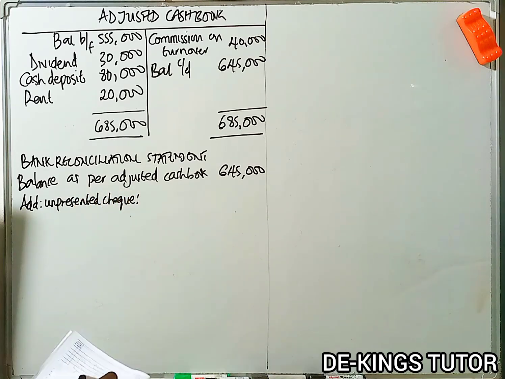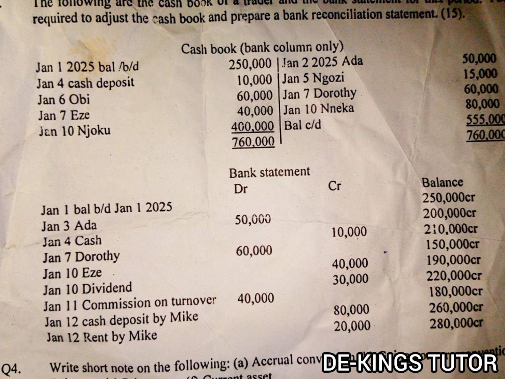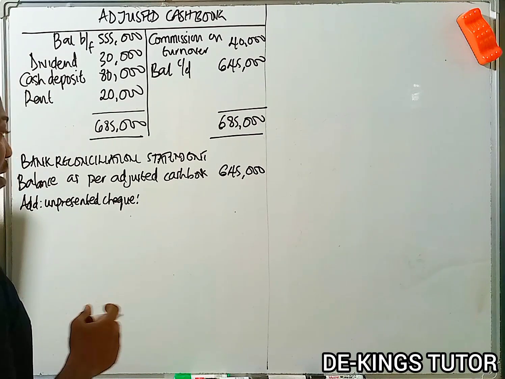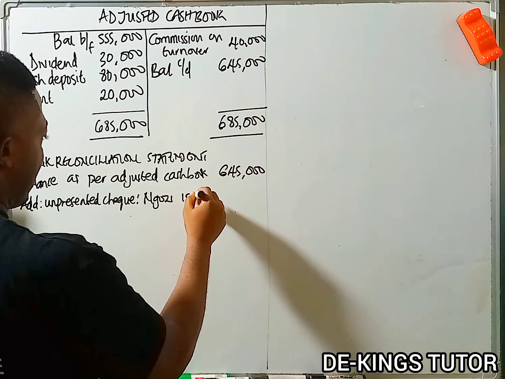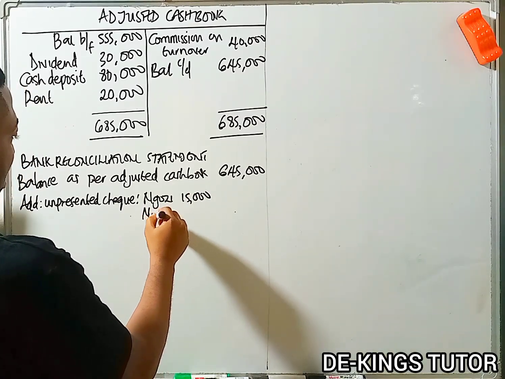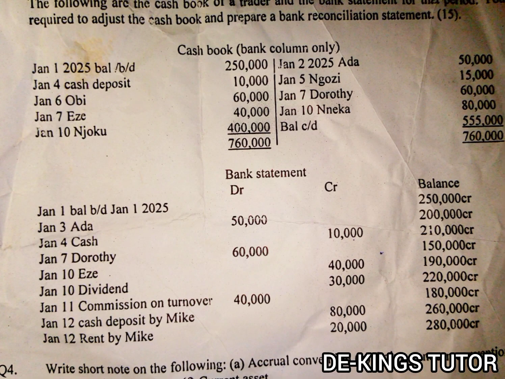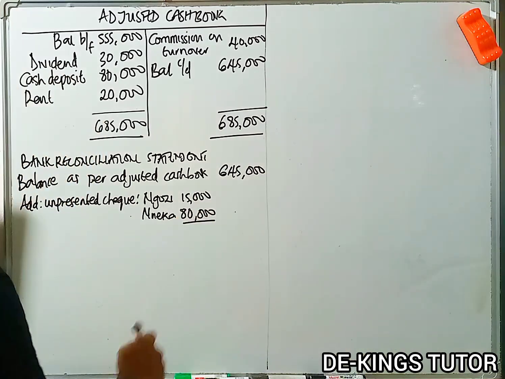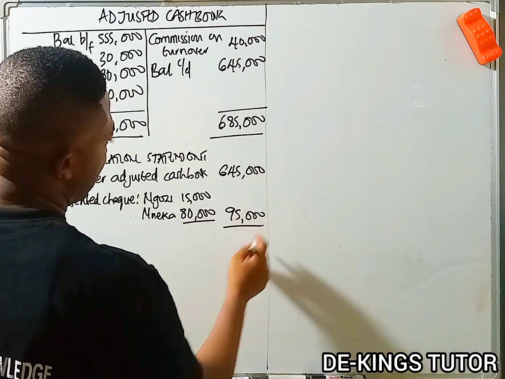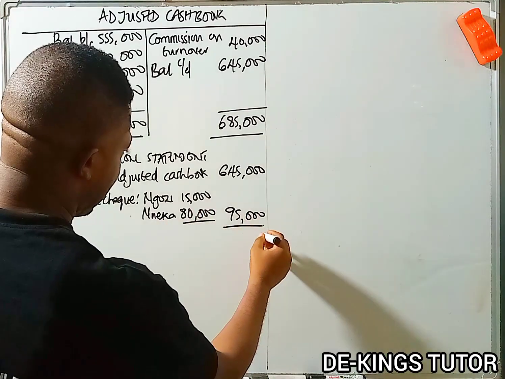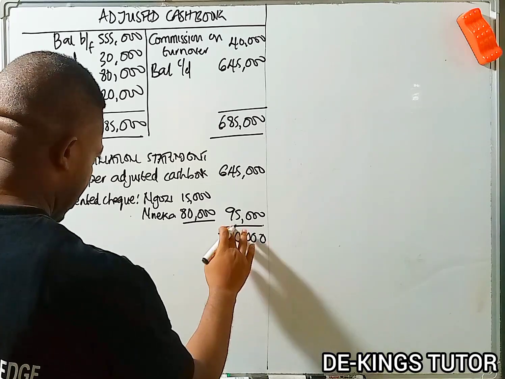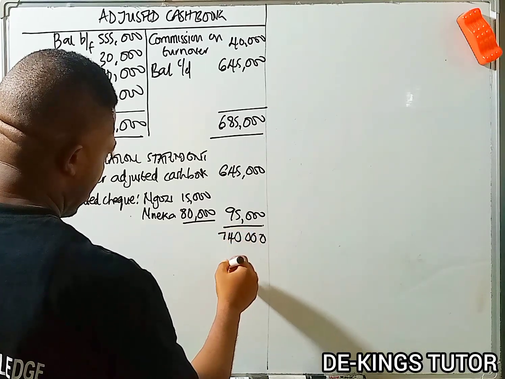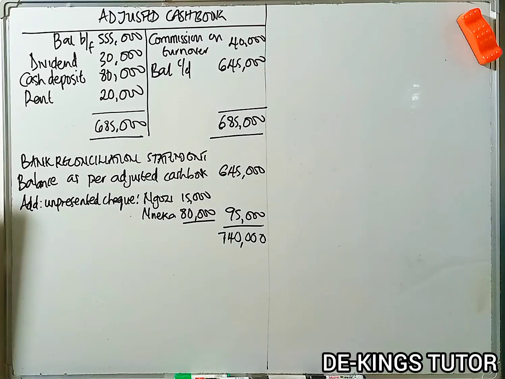The unpresented checks in the question are those items that were credited in the cash book, but were not debited in the bank statement. So we have Ngozi 15,000. The other person there is Neka, which is 80,000. So 15,000 plus 80,000 gives us 95,000. So 95,000 plus 645,000 is 740,000.